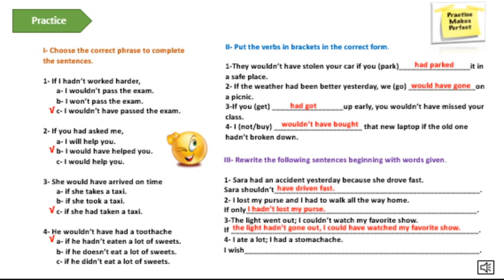I ate a lot. I had a stomachache. So I wish I hadn't eaten a lot. I wish I hadn't eaten a lot. Again, wish plus subject plus verb in the past perfect simple. Hadn't eaten.